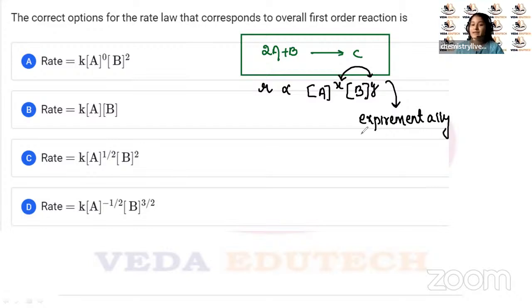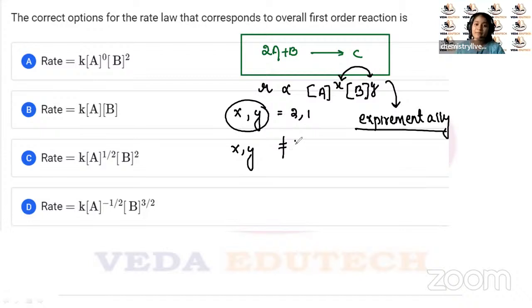They conduct experiments and they find out the value of x and y. These values of x and y may be equal to 2 comma 1. They may or may not be equal to 2 comma 1.